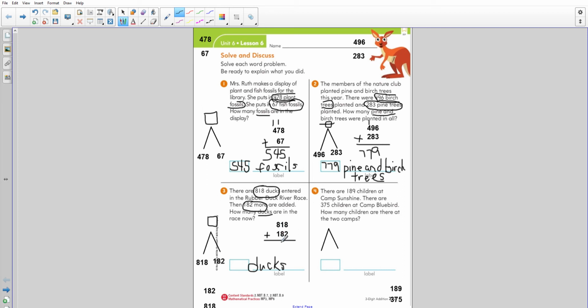So I'm going to start: 800 plus 100 is 900. Then I have 10 plus 80 is 90. And 8 plus 2 is 10. Then I'm going to take all my totals and add them up. Now let's see, 0 plus 0 plus 0. That's tough.